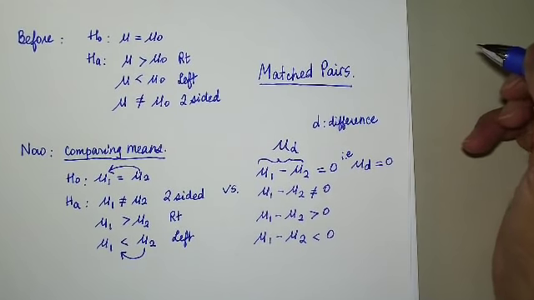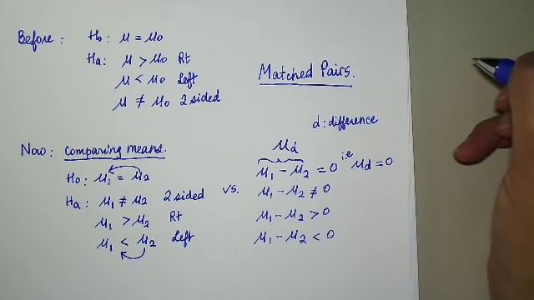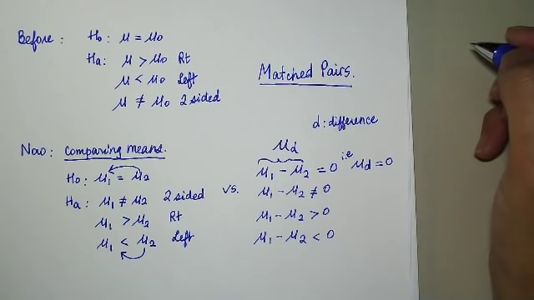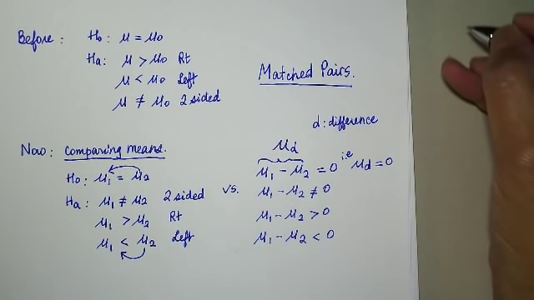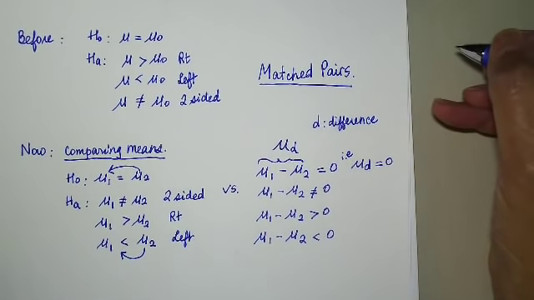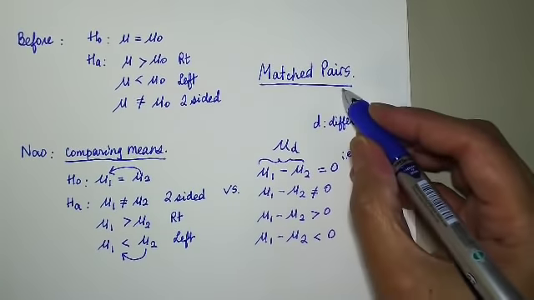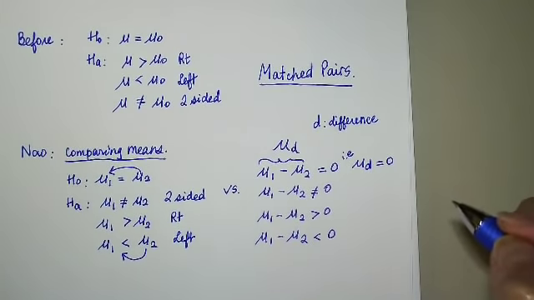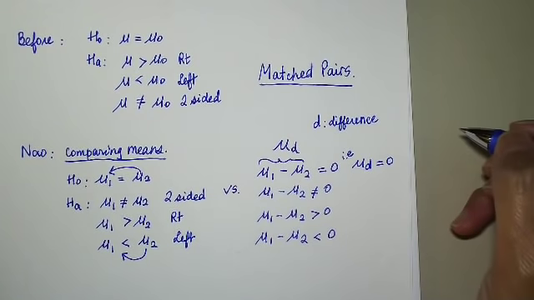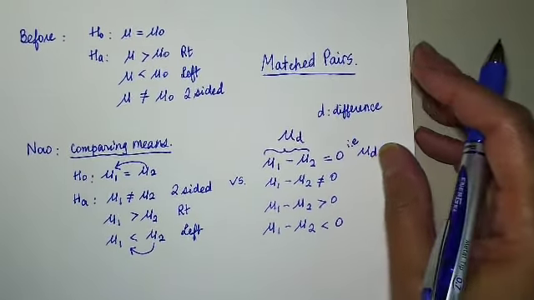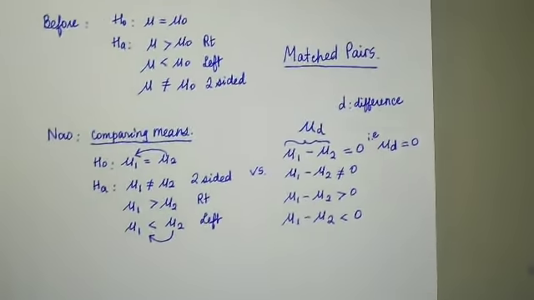So, for example, a twin study where one twin gets generic vitamins and the other one gets a name brand vitamin. So that we can see that the differences that we observe are due to the vitamins and not due to some other confounding factor, right? So these subjects come in as pairs. That's why it's called matched pairs.